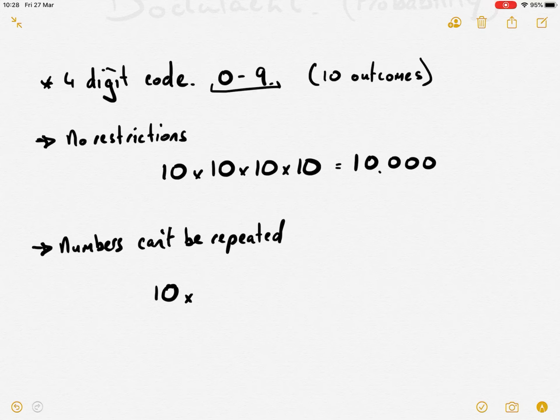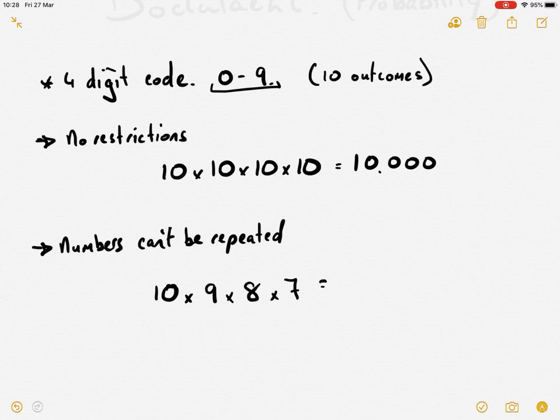But once you've chosen that digit, there's 1 gone, so you only have 9 outcomes for your second number. And again, once you've that done, there's another 1 less, so there's going to be 8, and then 7 finally. So it'll be 10 by 9 by 8 by 7 if digits can't be repeated. So 1 number gets taken out each time.